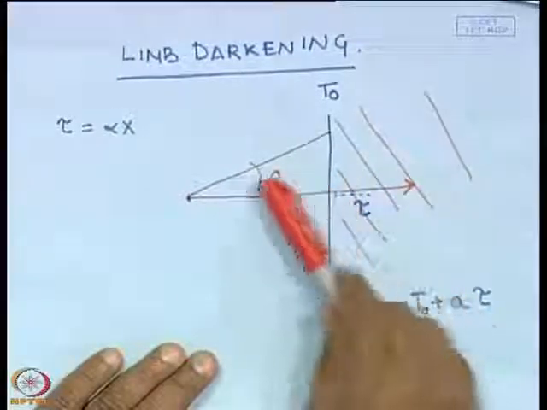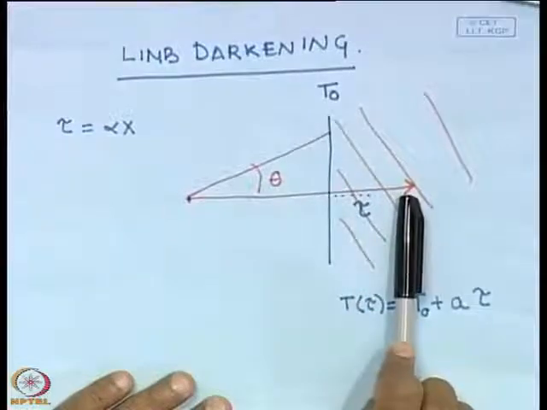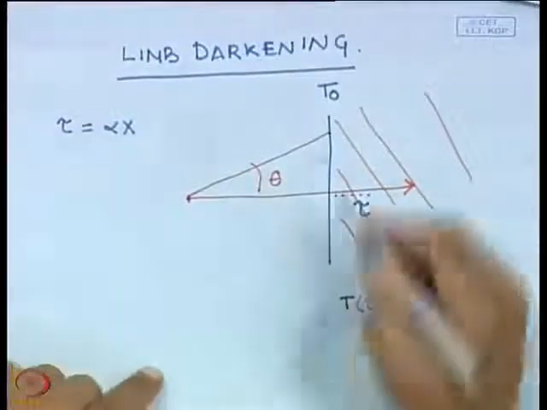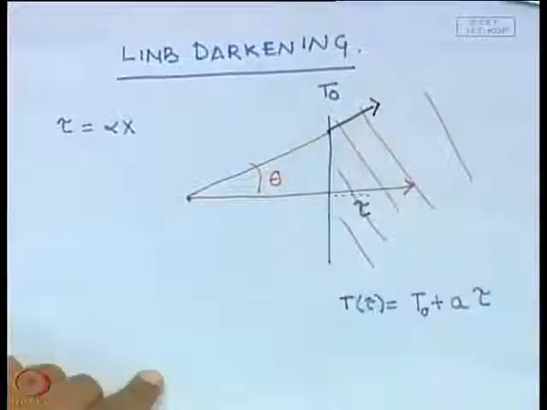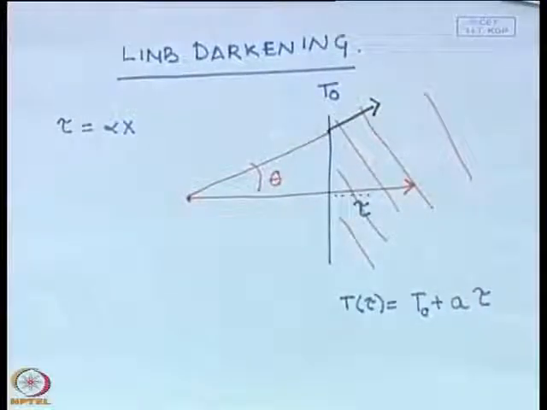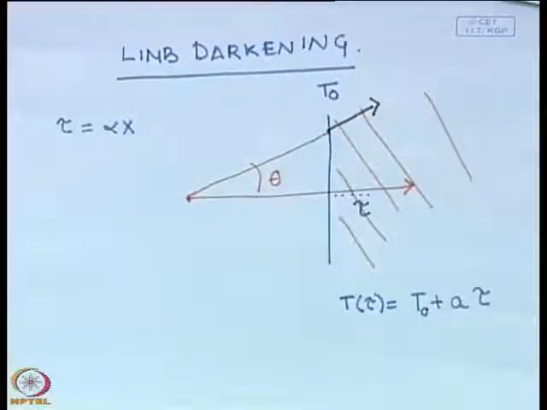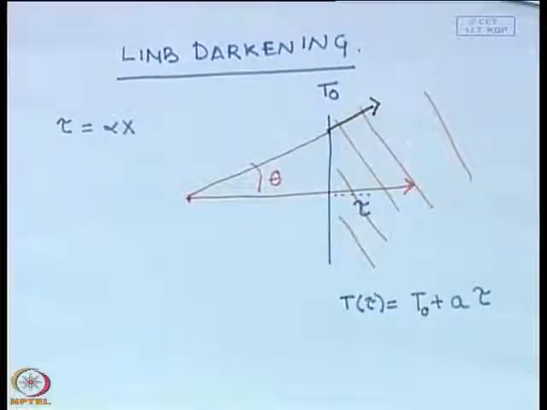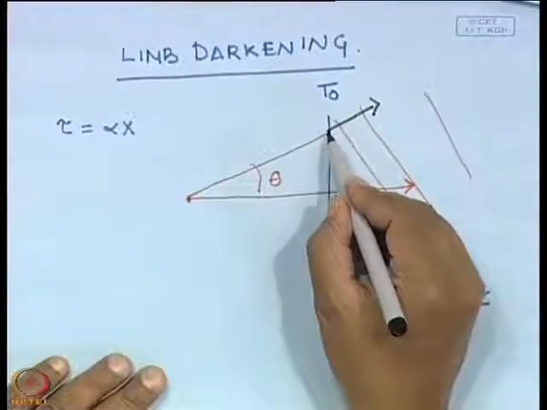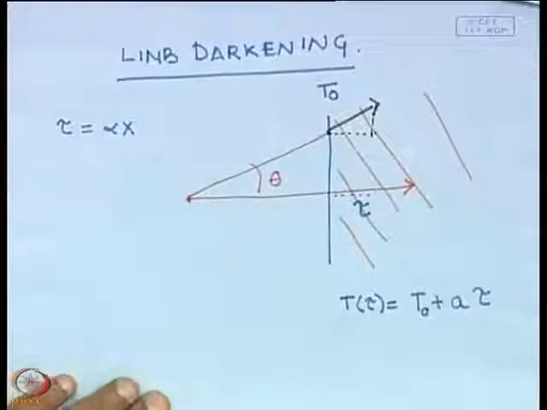Now if you look at light coming from this direction, what would be the temperature as a function of the optical depth? So optical depth is alpha into the distance, but the temperature will increase only by this amount.